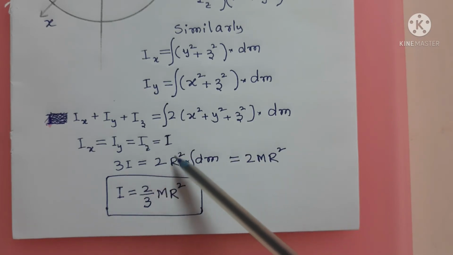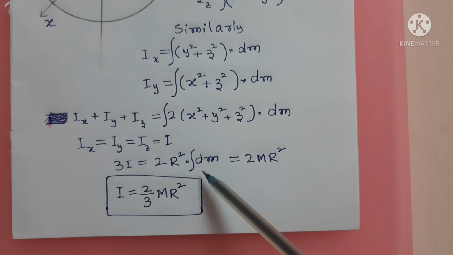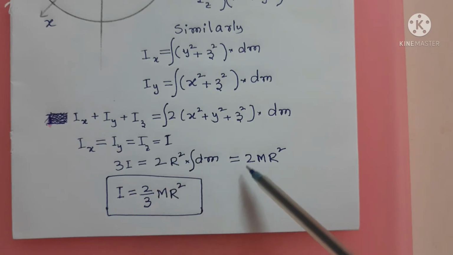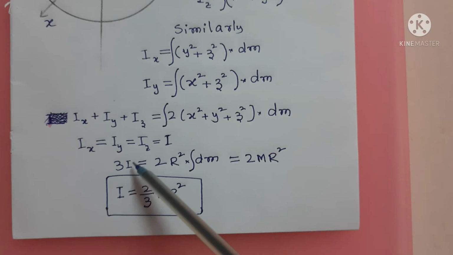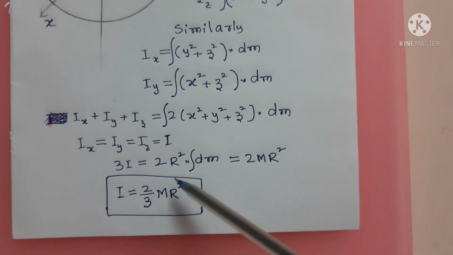The integration of dm is the total mass, capital M. So 2R square into M, that is 2MR square. 3I equals 2MR square. Then I equals 2 by 3 MR square. This is the moment of inertia of a hollow sphere about an axis passing through the center of the sphere, where the total mass is capital M and the radius of the sphere is capital R. You got it?